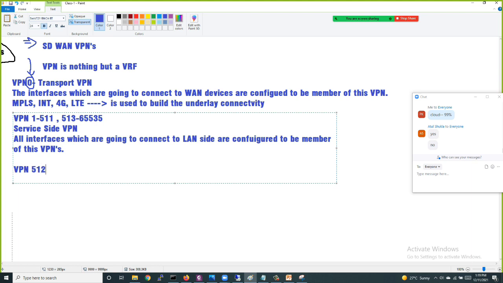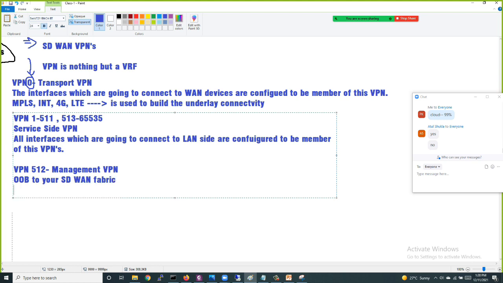Next, VPN 512. This is called management VPN, right? This VPN is there to provide out of band management to your SD-WAN fabric. I have shown you on your vManage, your vBond, your vSmart, and on your vEdges, we have a separate management port that can be used for out of band management.